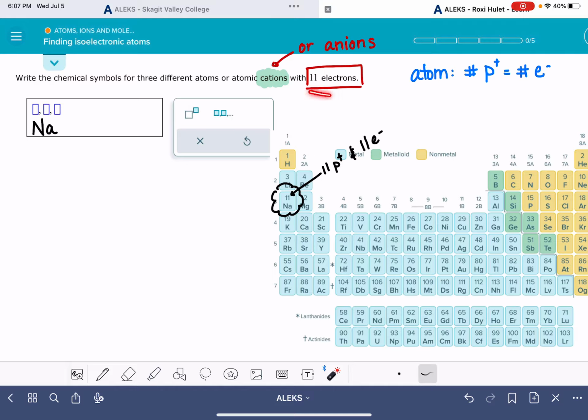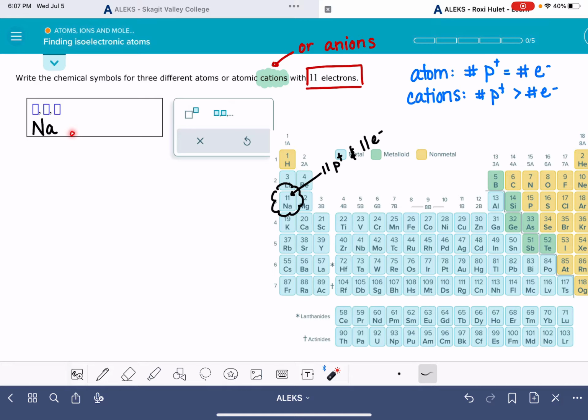Now, since I'm being asked to write specifically about cations, cations are ions that have more protons than electrons. So the number of protons is greater than the number of electrons.